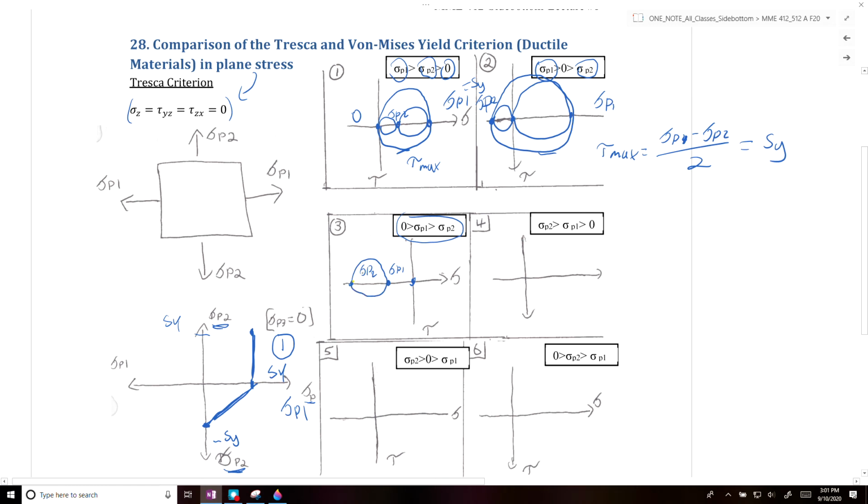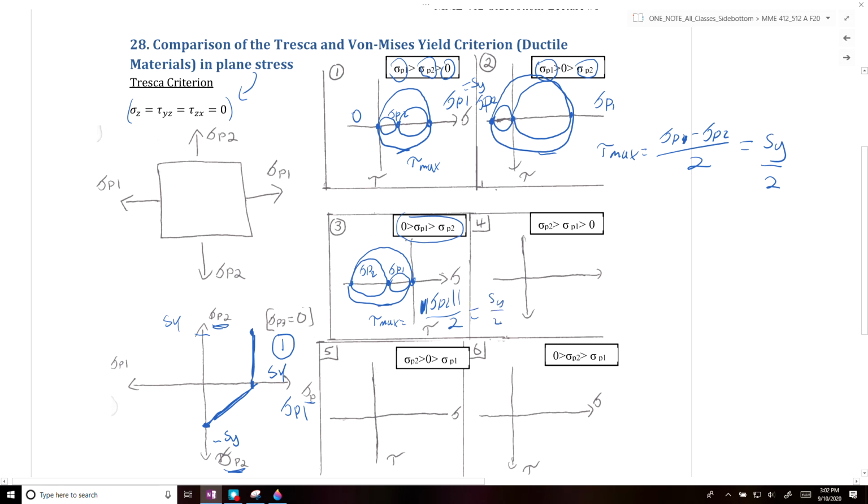So our 3D Mohr circle would look something like this, where our tau max would be equal to the absolute value of sigma p2 over 2, which is going to be equal to the yield strength over 2.